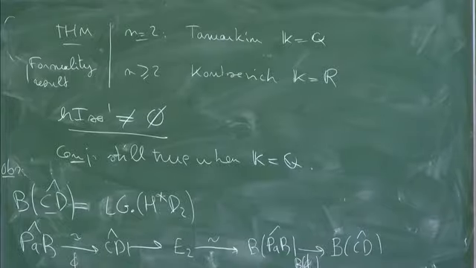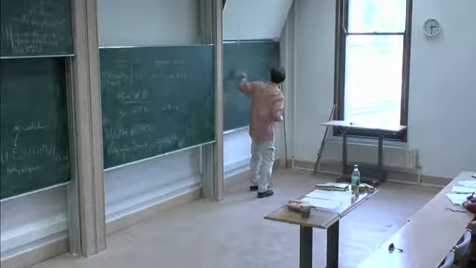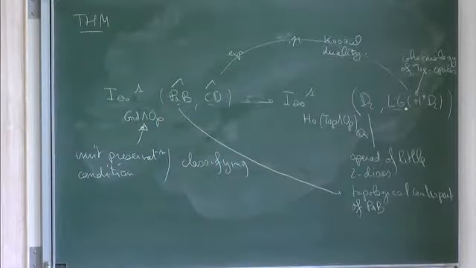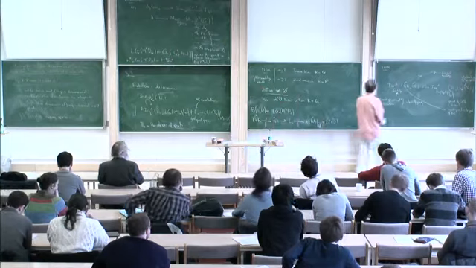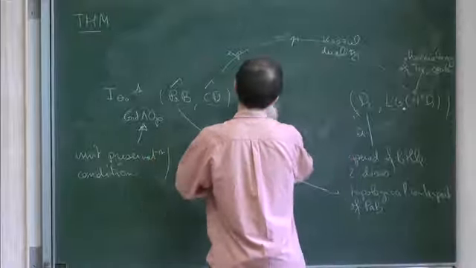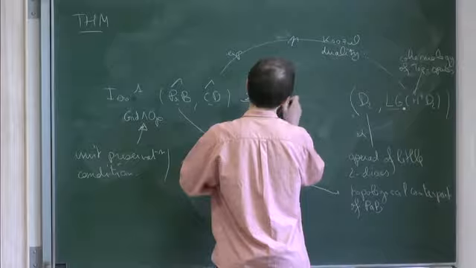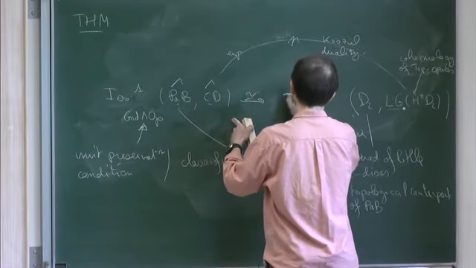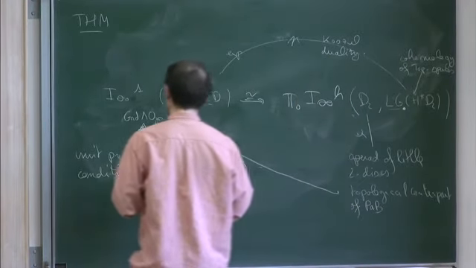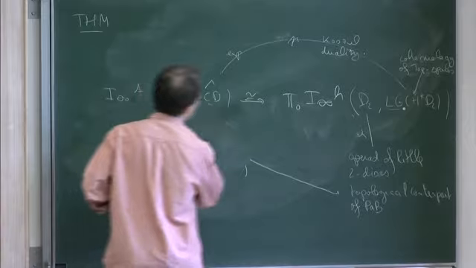So that way you have a map that corresponds from this side to this side. And the theorem is that this correspondence is one to one, which means that if you take this space, then pi 0 is in one to one correspondence with this object. You have no higher homotopy.